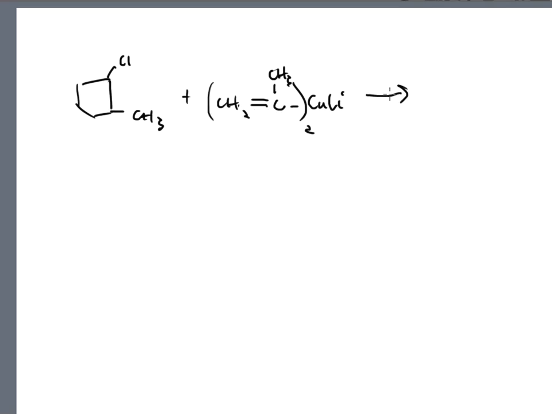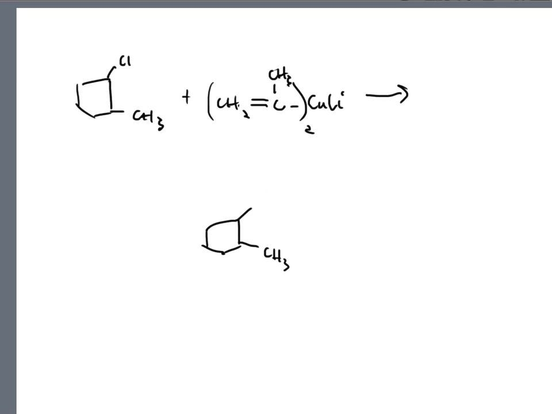All right. So we have an organic halide. We have a Gilman. These two things react. What do we get? Okay. Tracy's not going to trick me. Here's my cyclopentane ring. There's the chlorine. There's the methyl group. So he wants me to react this with a Gilman. We can do this. I target my halogen.